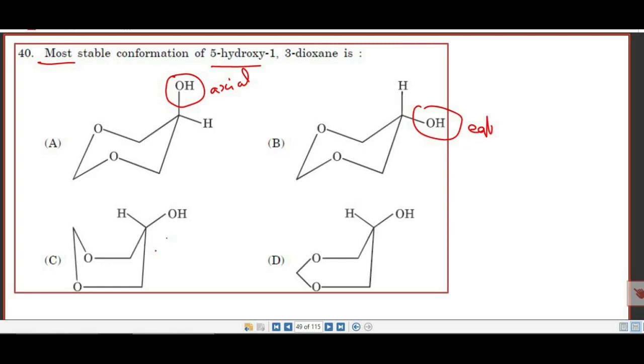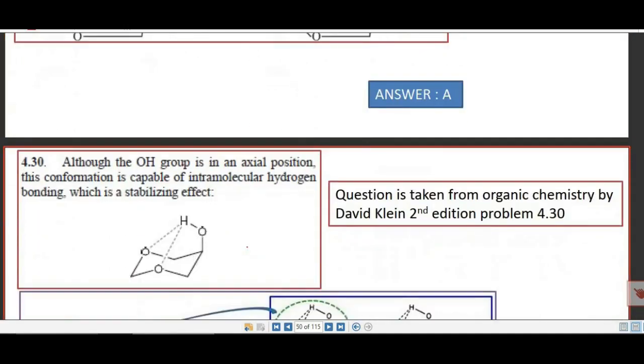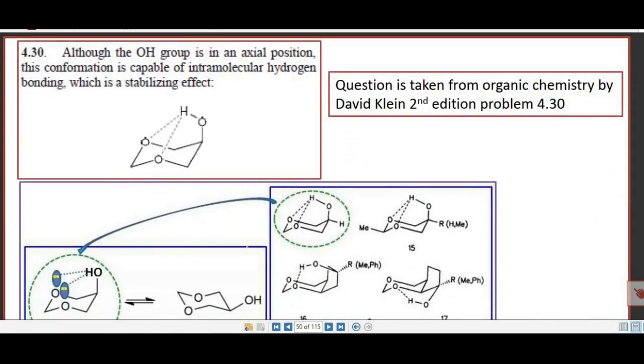Hence, options C and D are ruled out, because ring flipping will not occur here. In options A and B, which will be the correct answer? This question is taken from Organic Chemistry by David Klein, second edition, problem number 4.30.